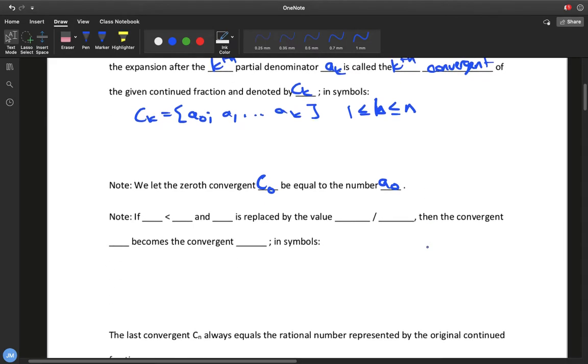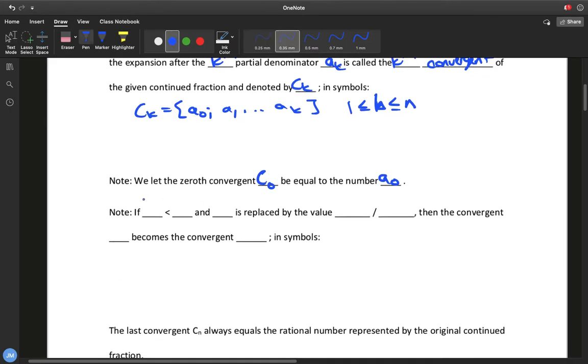Okay, just a side note here, and this will be an important one for our theorem later on, which is that if we have k less than n, and if a sub k is replaced by the value of a sub k plus 1 divided by a sub k plus 1, then the convergent c sub k will become the convergent c sub k plus 1.